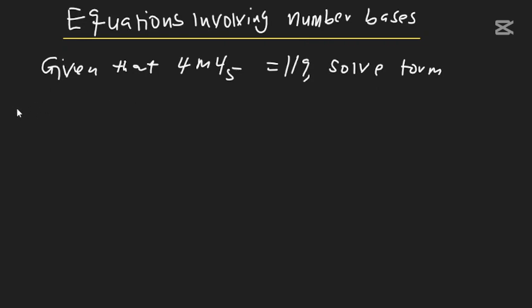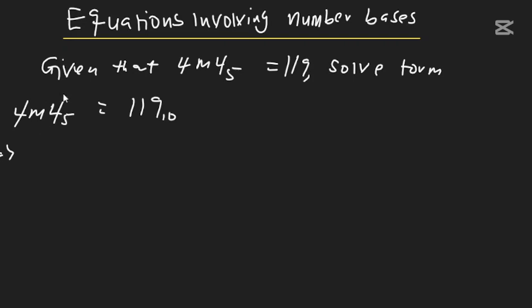So this gives us 4m4 base 5 is equal to 119 base 10. Don't forget that any number without a base is considered in base 10. So first of all, we have to convert this to base 10.